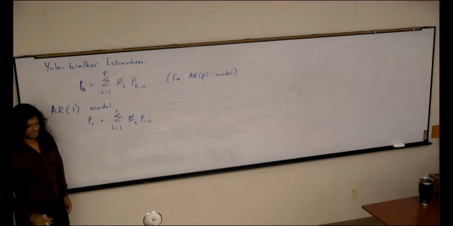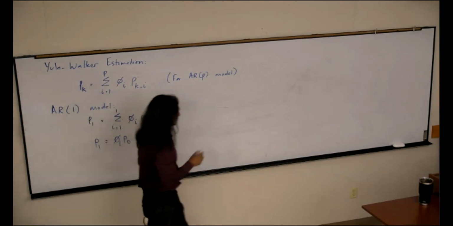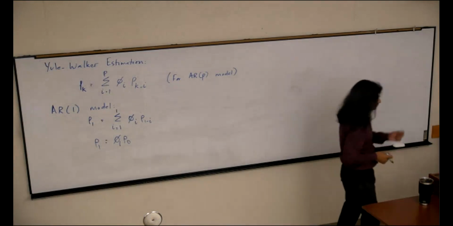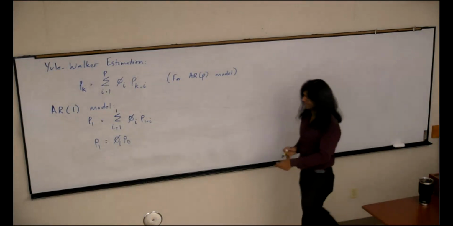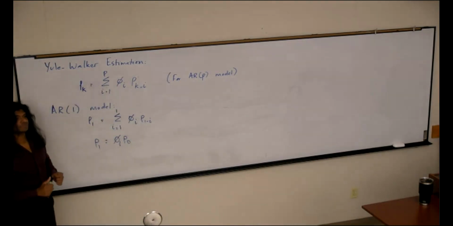I can expand the sum out, and I'd end up getting phi1 rho 0. So rho 1 would equal phi1 times rho 0. But what is the value of rho 0?